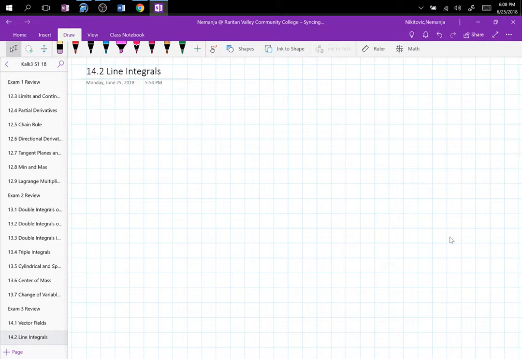Before we answer that, what is one of the most known applications of integration? Area under the curve. Very good.